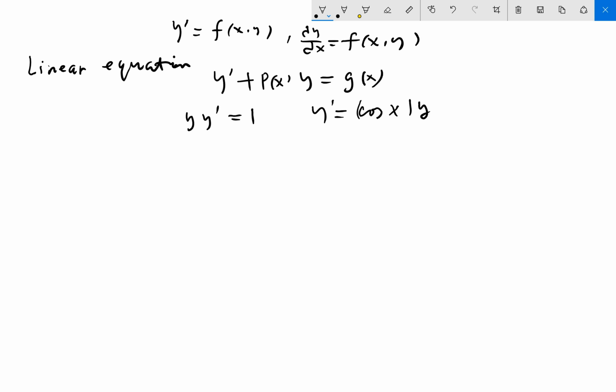Then this equation is linear, because you can write it in the above form with p(x) equal to negative cosine x and g(x) equal to 0. So anything that can be written in the form of equation 1, we call a linear equation.